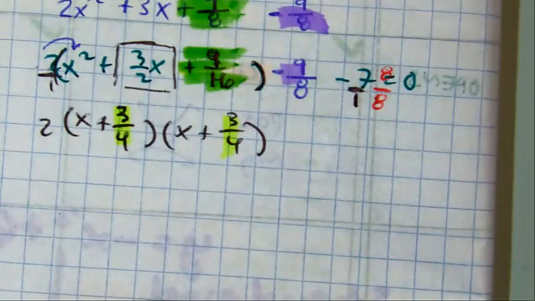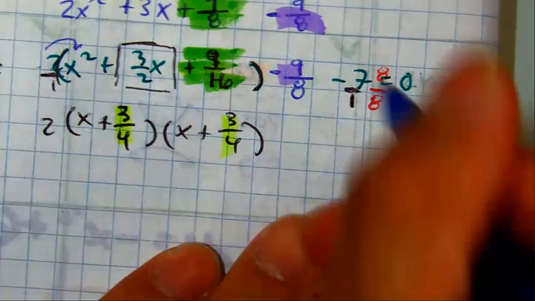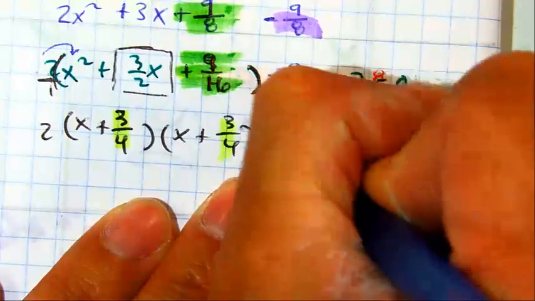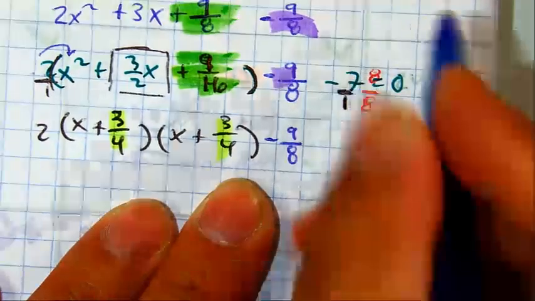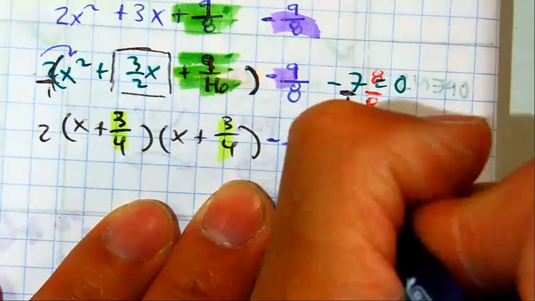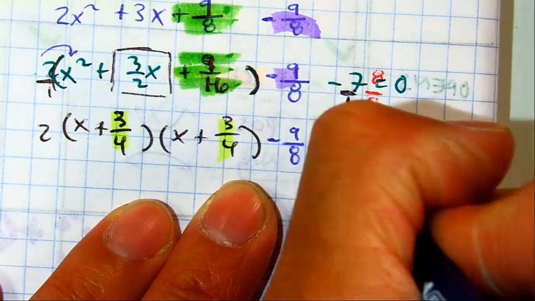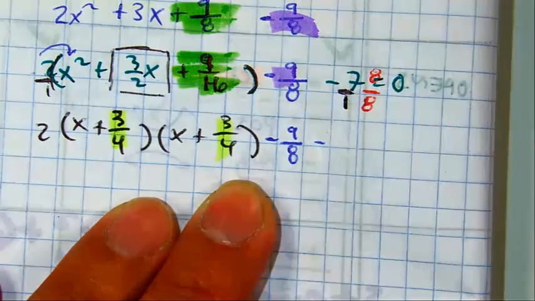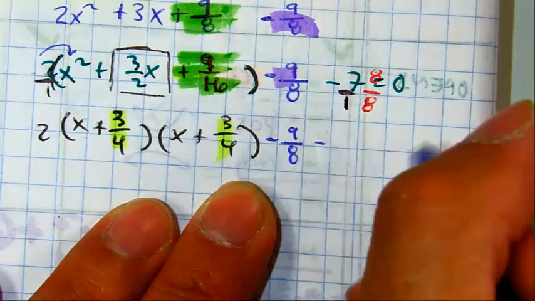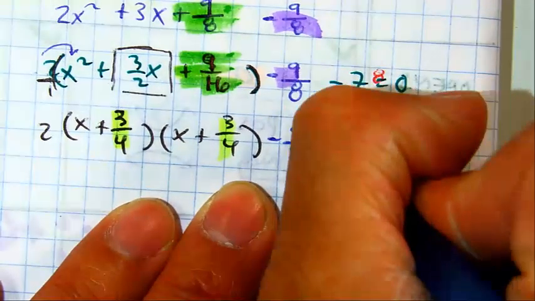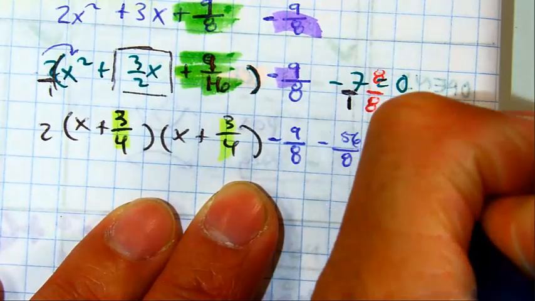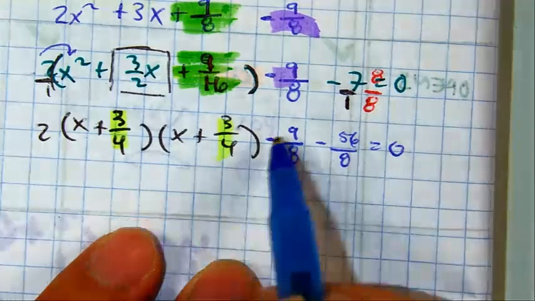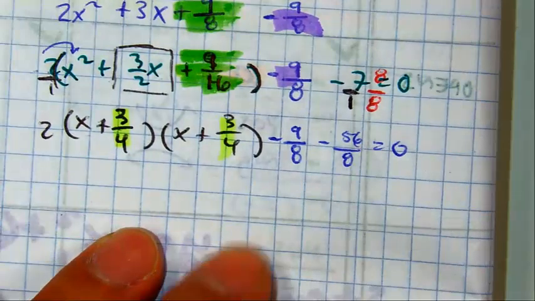Raise your hand if you did that. Negative 9/8. Michelle, if you multiply across, what do you get? Seven times 8? And Michelle, negative 9 minus 56.